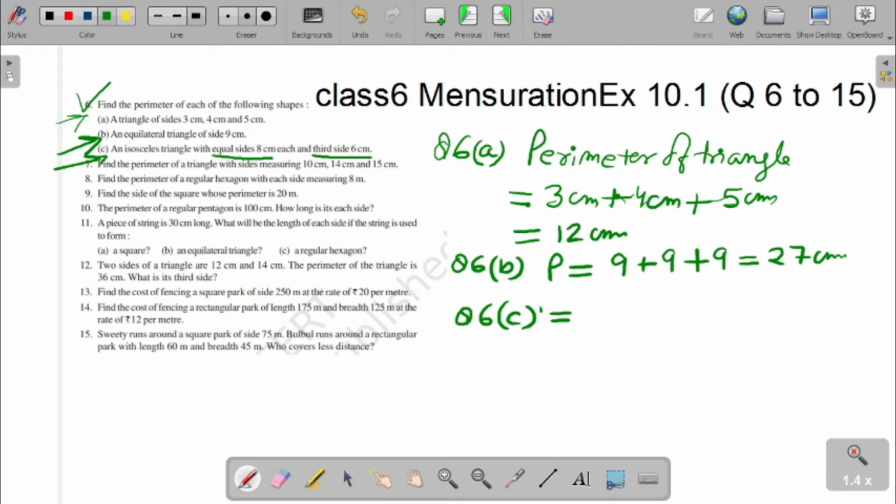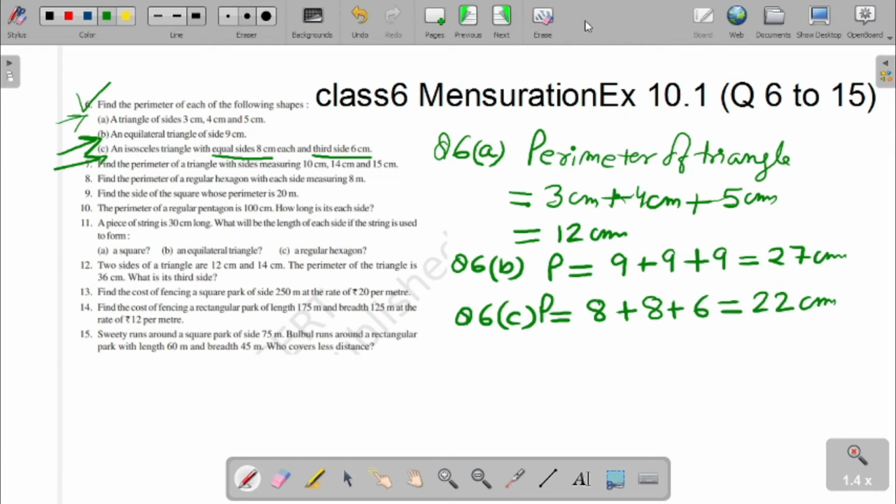So we write perimeter is equal to 8, we write 8 two times and the third side 6. If we add them, then you will get 22 centimeter. This is the perimeter in question number 6, C part.